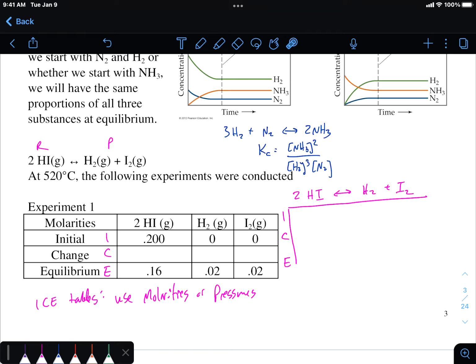Once equilibrium was attained, these were the concentrations that were monitored. So you will then infer how much change occurred. For the hydrogen iodide, there was a decrease of 0.04. For the hydrogen and for the iodine, you have an increase of plus 0.02.